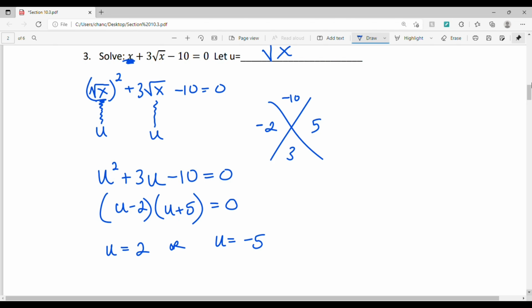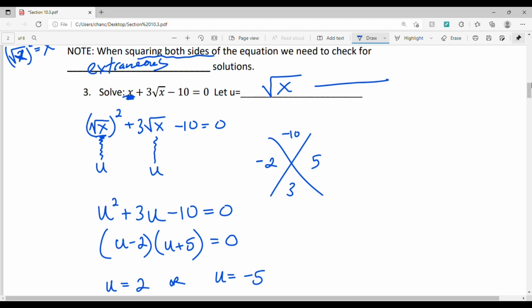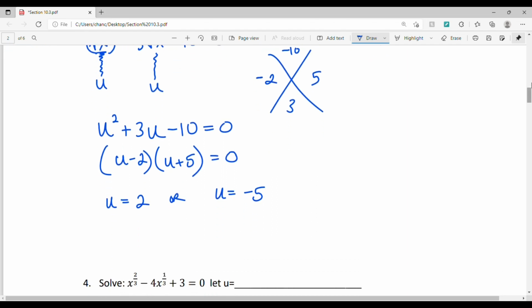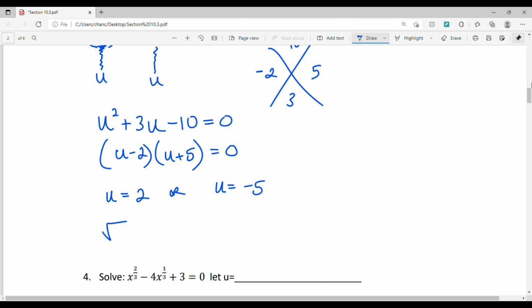But remember, u was originally the square root of x. So let's replace the u with the square root of x again to solve for x. The square root of x is equal to 2, and the square root of x equals negative 5. How do we get rid of the square root of x?